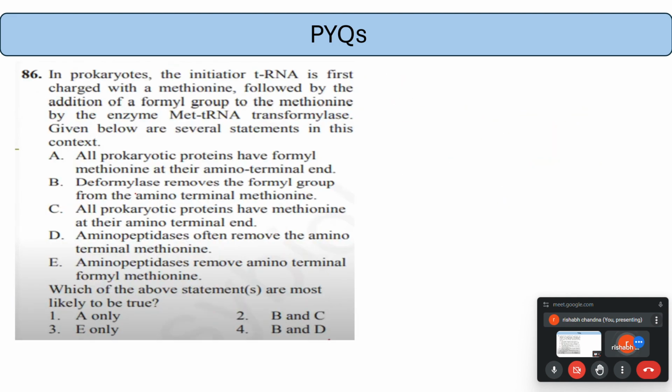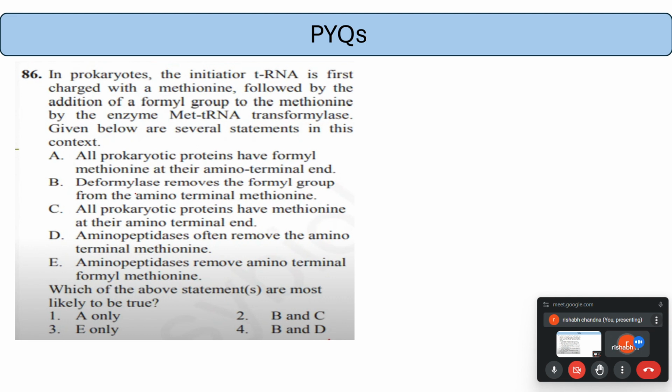So now moving on to the next question. In prokaryotes, the initiator tRNA is first charged with methionine, followed by the addition of a formyl group to the methionine by the enzyme methionine tRNA transformylase. Given below are several statements in this context. All prokaryotic proteins have formyl methionine in their amino terminal end.